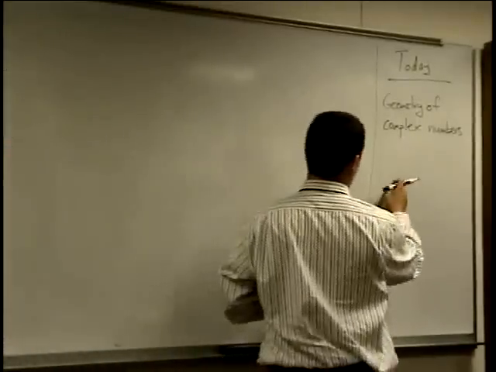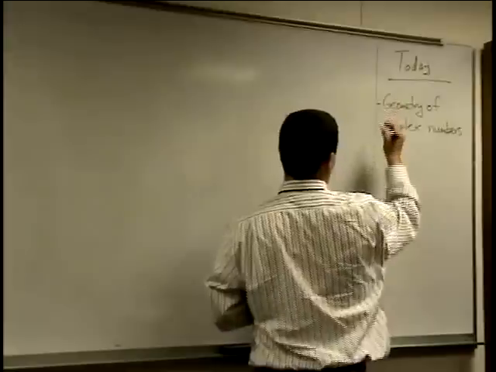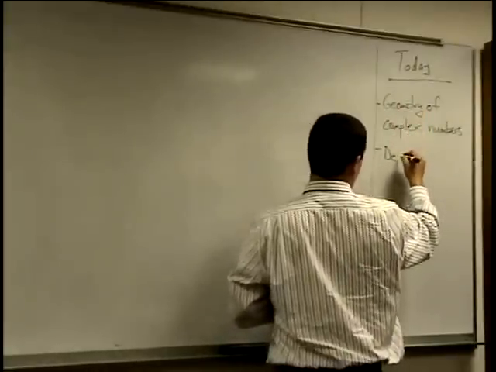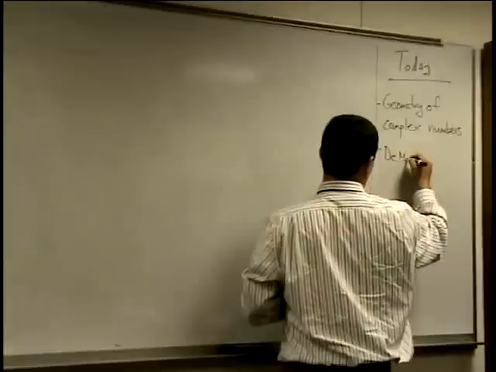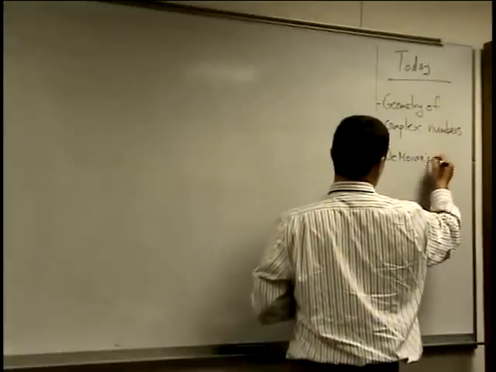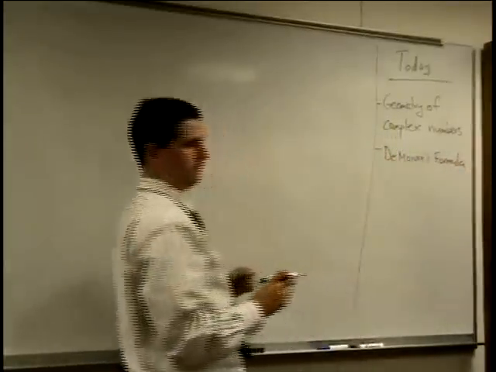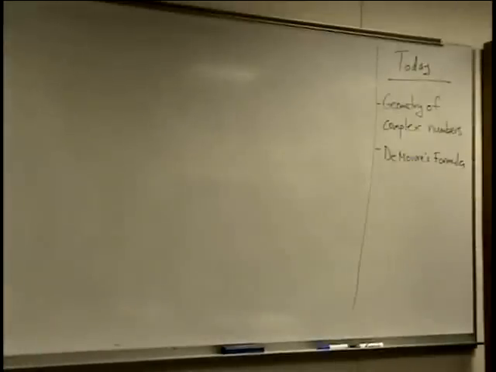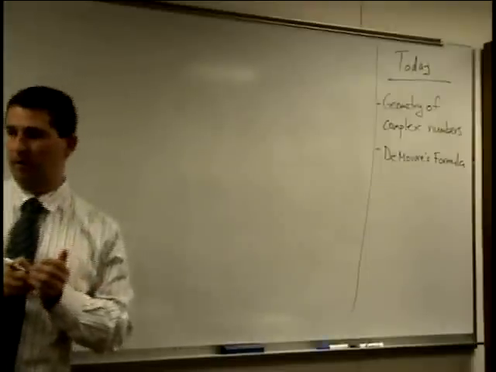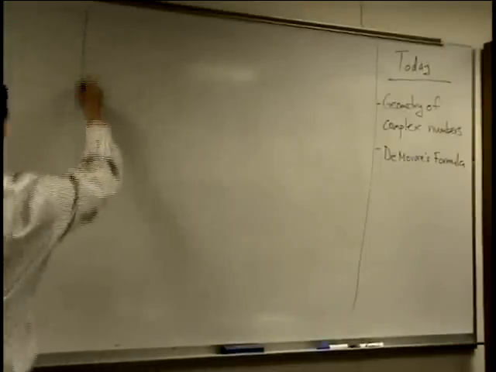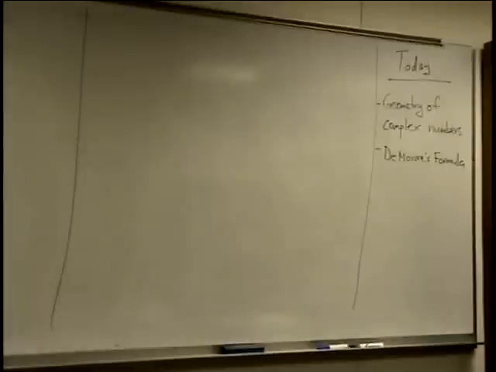But it'll be good enough for what we need. And then the second thing that I want to talk about is very much related to the first part, which is a formula called de Moivre's formula. And this is really nothing too major after what we've already done. But it's worthwhile and is given a name.